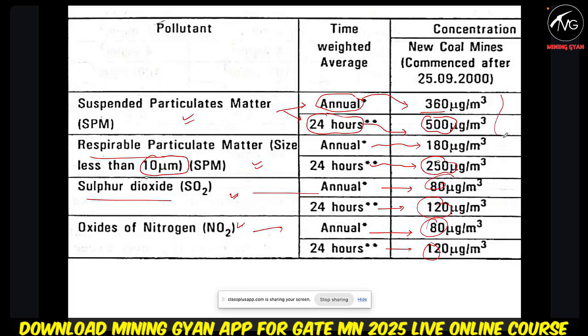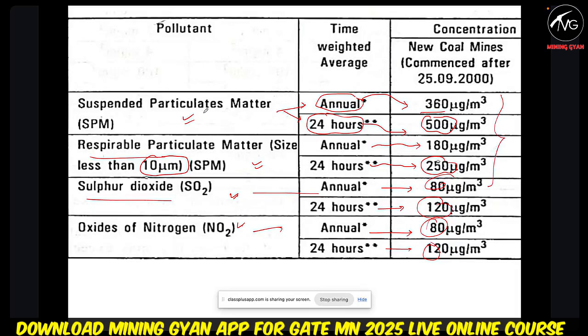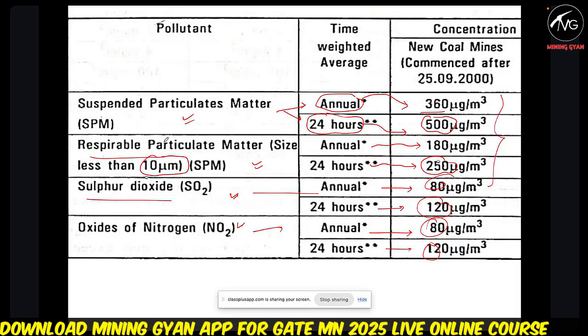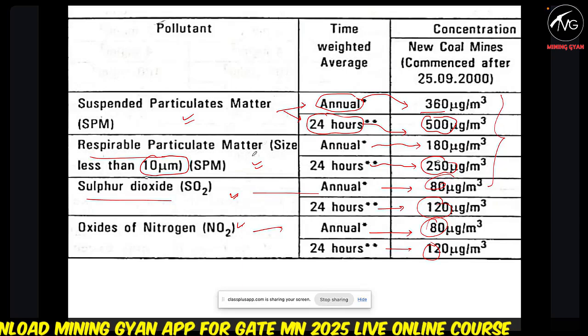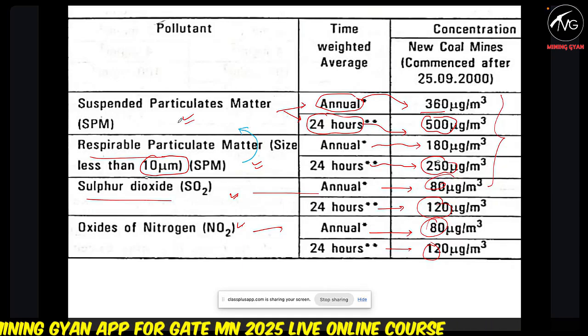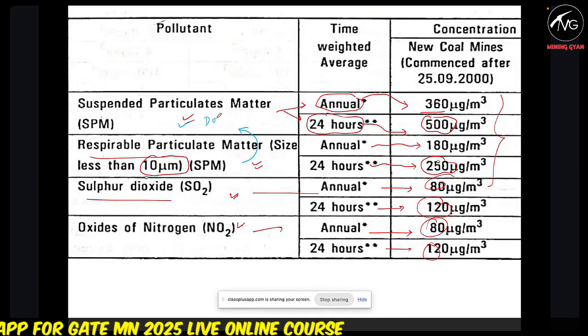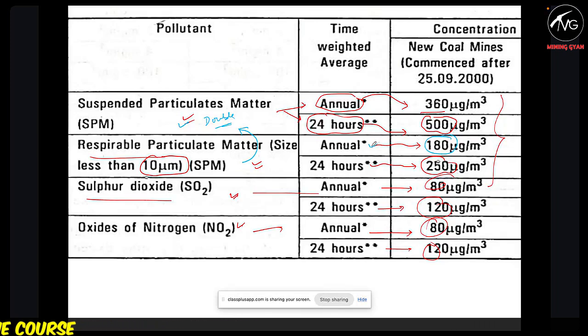You have to focus on these, so you can easily compare both of them. That SPM is double. If you are considering 180 for the respirable particulate matter, then the suspended particulate matter is 360.